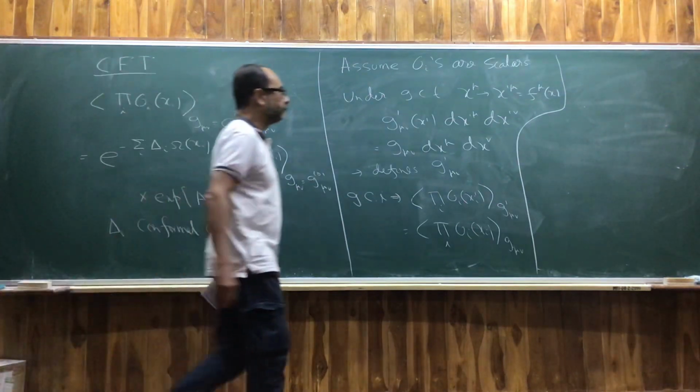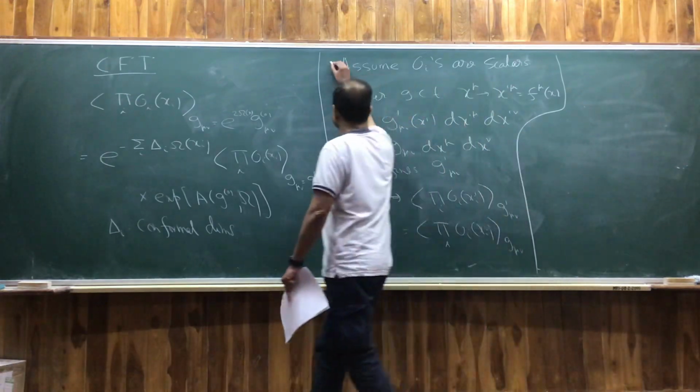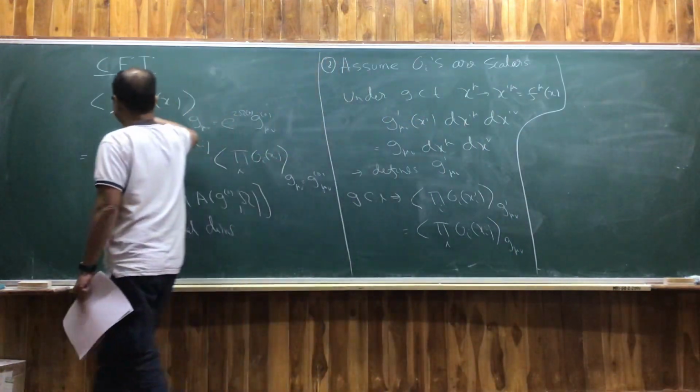Then we said, so this is 1 and 2, now we are going to combine 1 and 2.